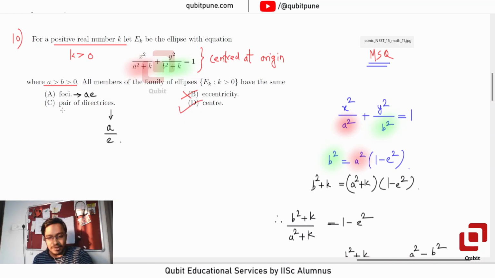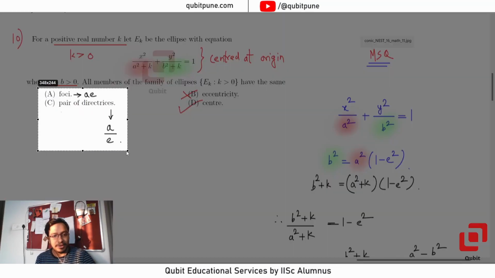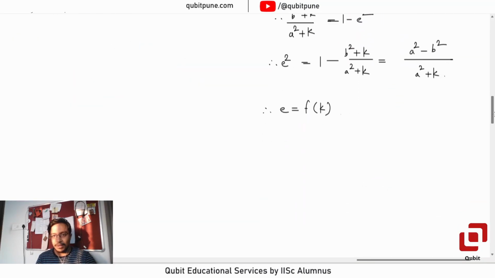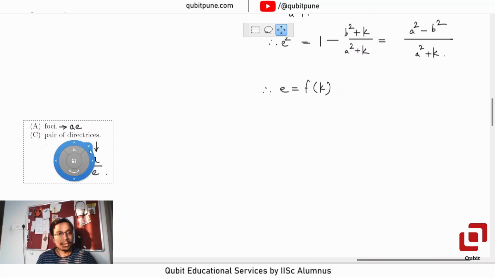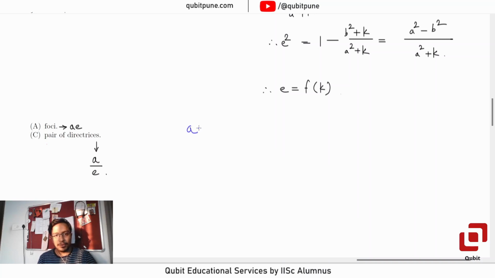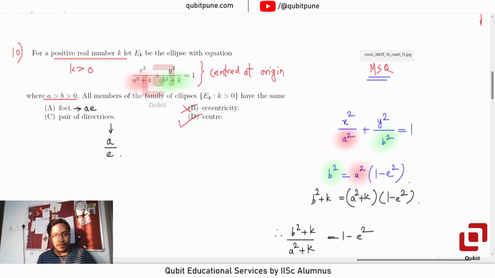Right? Now let us decide whether it is foci or directrices. Can any of these options be right? Look. When it comes to the product ae, in this case what should it be? It will be root of a squared plus k, because x squared's denominator is a squared plus k.